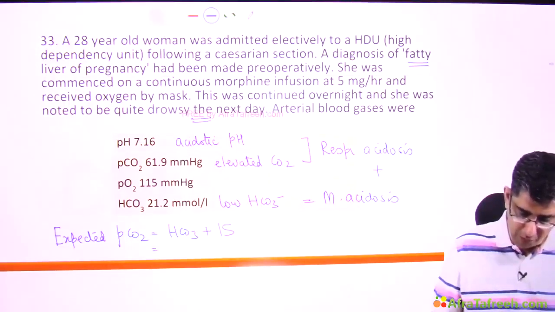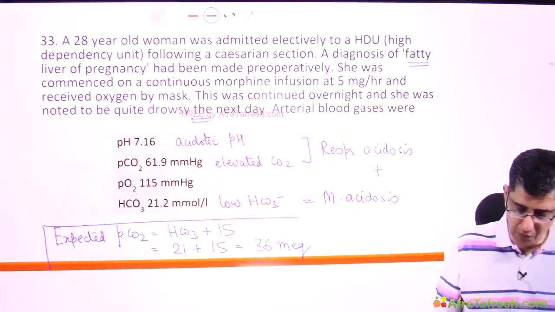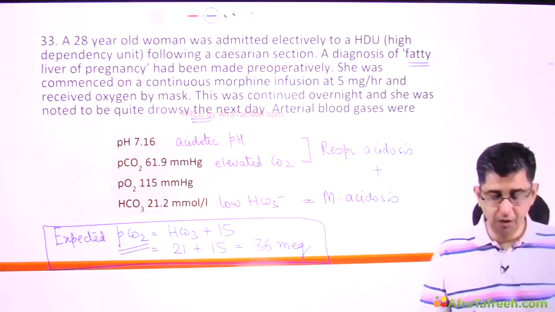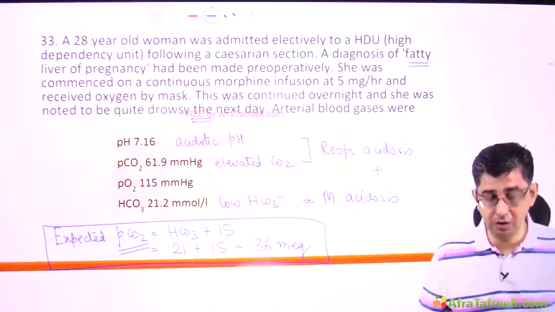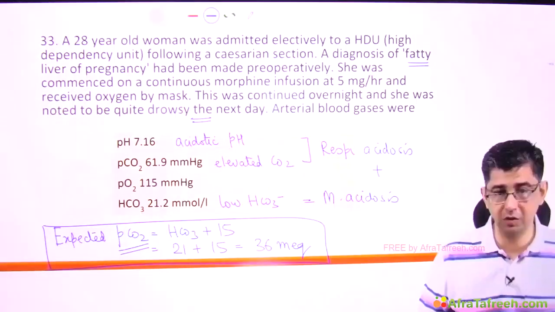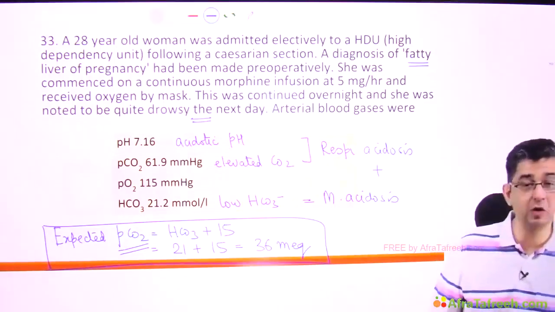If I put in the value of bicarbonate for this patient, mathematically speaking, in round figures it should be 36. But you can see the mathematical rule is not getting satisfied. The expected PCO2 of the patient should be 36, but in this patient this mathematical rule is definitely not satisfied, so we will say that the compensation process is not occurring in this patient. This is an example of a mixed disorder.